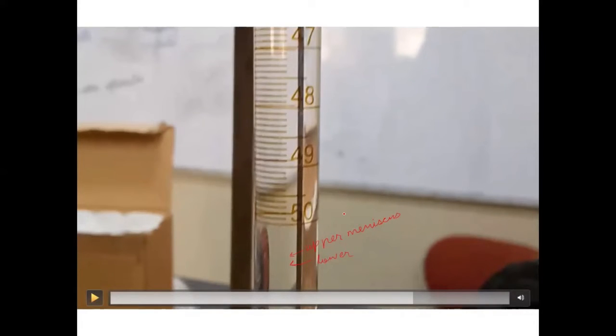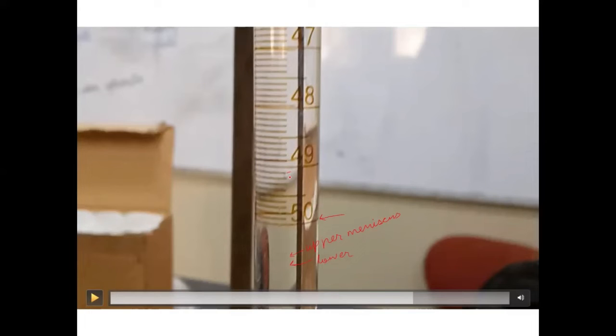Now you can see here, this is 50. So when we use the 50 ml burette, the last point is 50. So from 0 to 50 is here. After that point, if you add any volume, that would not be measurable. Okay. And another thing in the burette, if you see, this is 49 and this is 50.